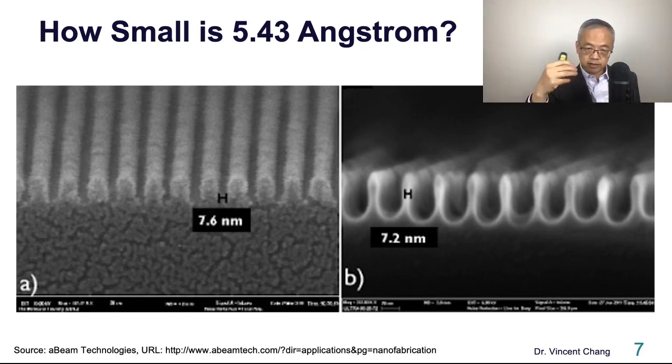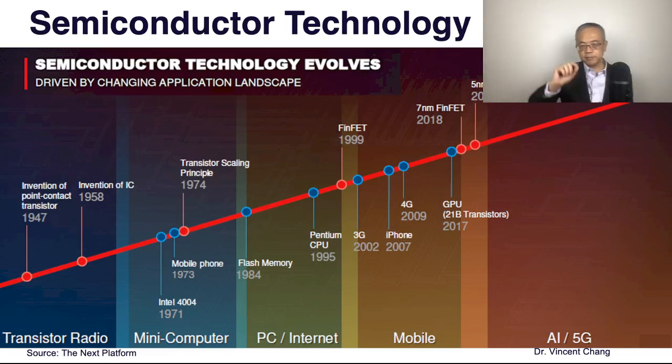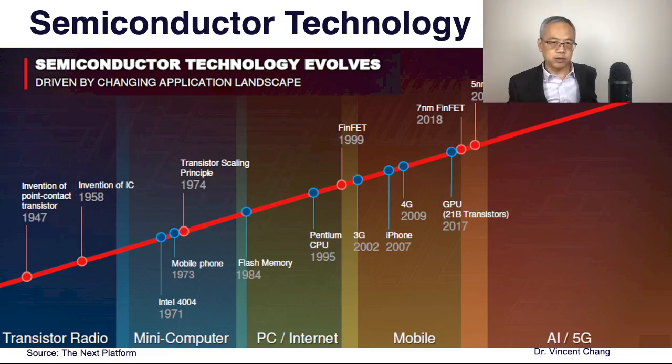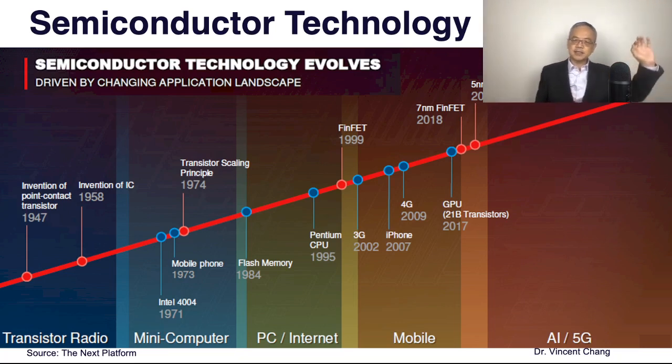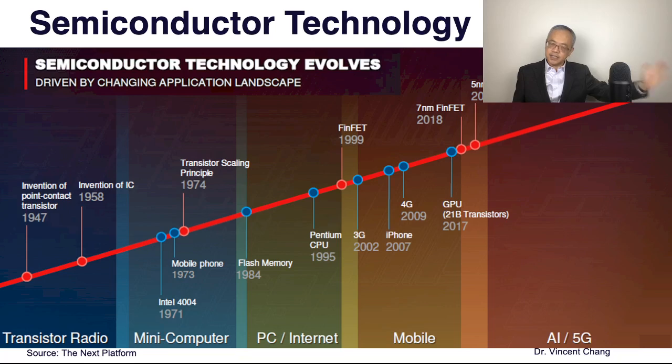Now the technology has advanced so that we can handle 7 nanometer, 5 nanometer, and even down to 3, or some companies claim they can do 2 nanometer. All right, let me quickly give you a big picture of what we can have. The semiconductor technology has evolved so far, right? Over the last 70 years.